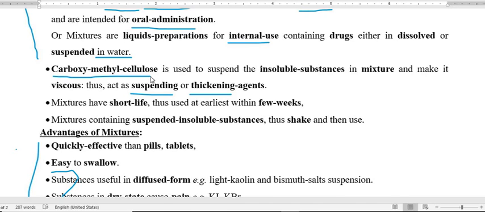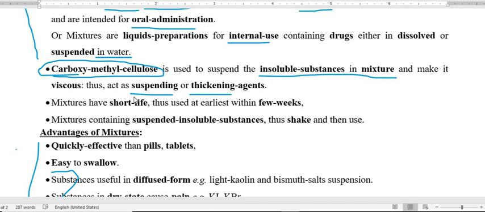So what is this carboxymethyl cellulose? It is a suspending agent or thickening agent, that we are using to diffuse insoluble substances in a mixture, called suspending or thickening agent. So this will become very interesting and important.